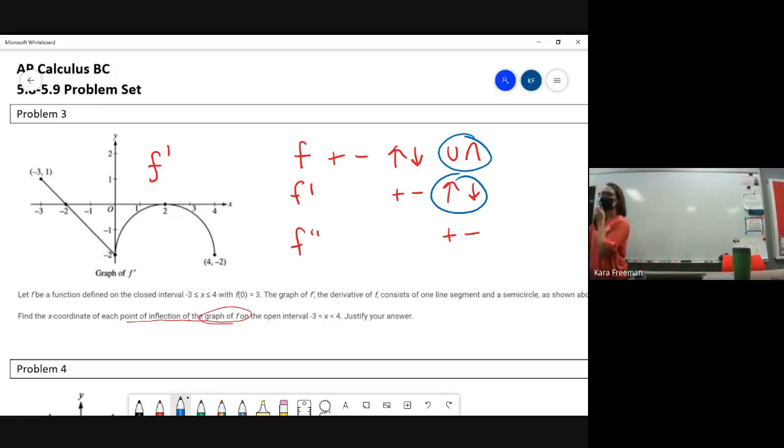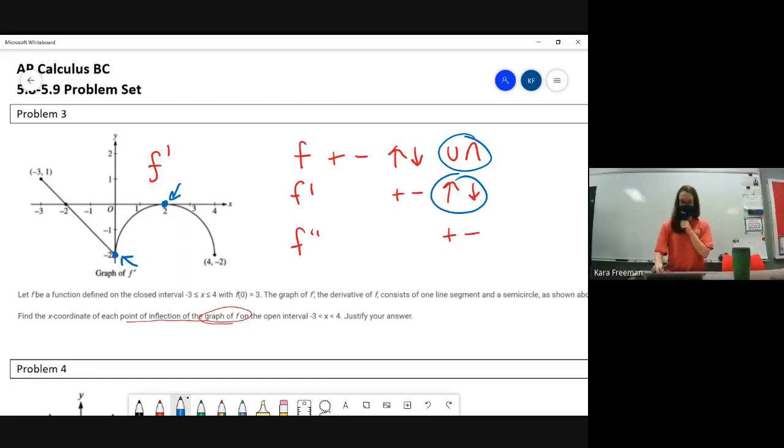Where f prime changes from increasing to decreasing or decreasing to increasing. So those of you who said 0 and 2 are correct. Why? At x equals 0 because f prime changes from decreasing to increasing. At x equals 2 because f prime changes from increasing to decreasing.